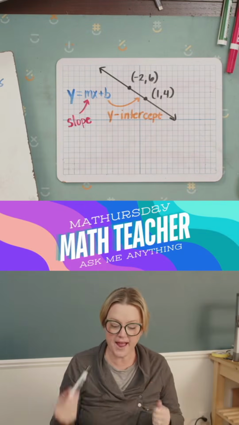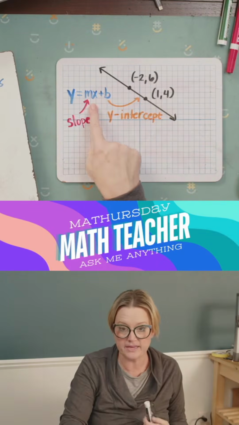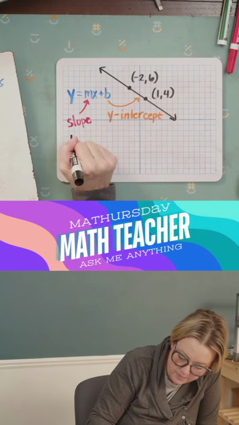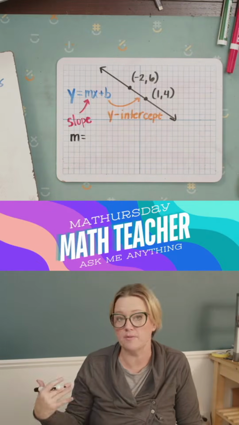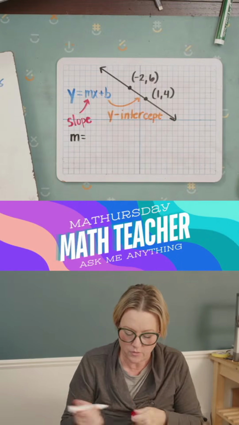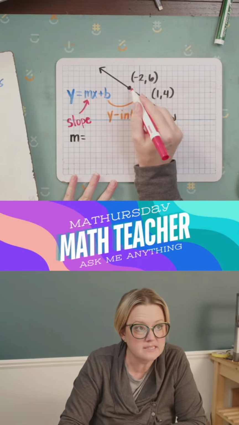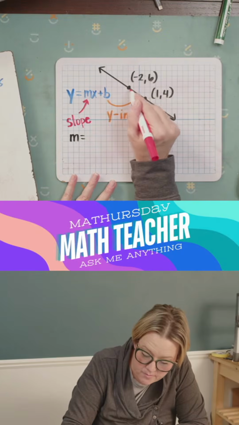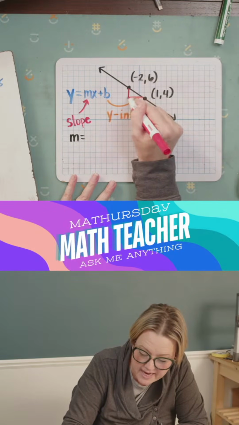All right, so to find these, the first thing we need to do is find the slope. Slope is rise over run. You can do this by figuring out how much the y is changing and how much the x is changing. If I take this diagonal here, I can break it down. Think about a ramp versus stairs. I'm really just looking at it like, what are the stairs?